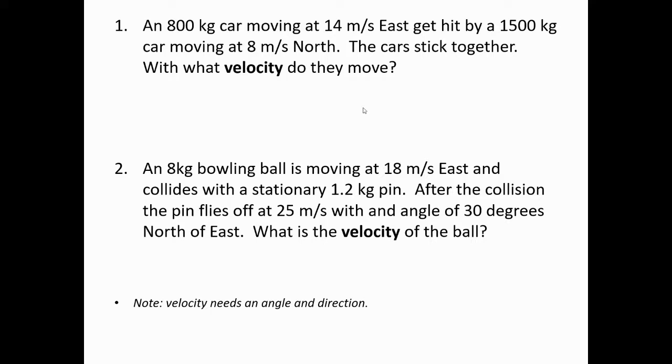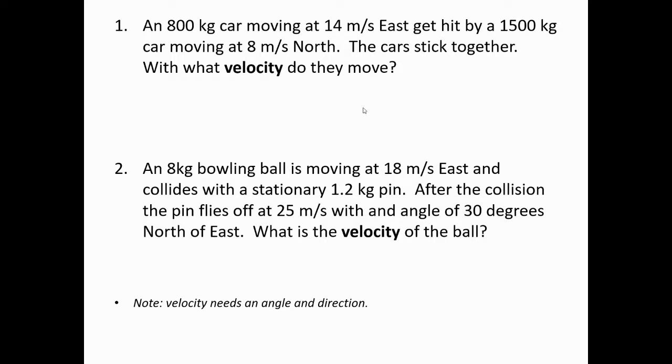So for the first part, east, you have 800 times 14 plus 0 because the car moving north is not going east, equals 800 plus 1500 times v. Then you solve for v, and this will be your Vx.